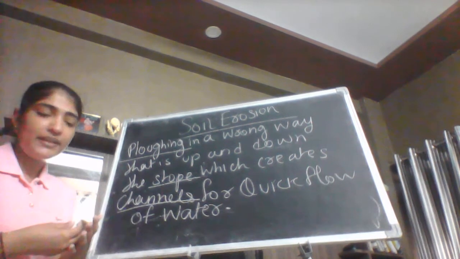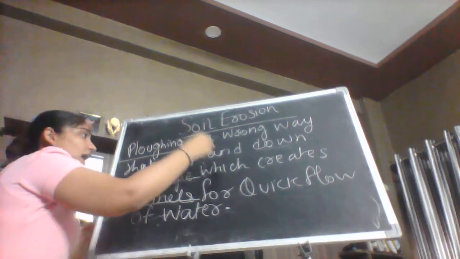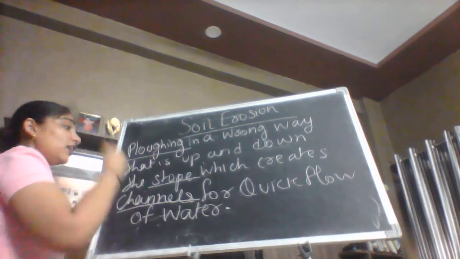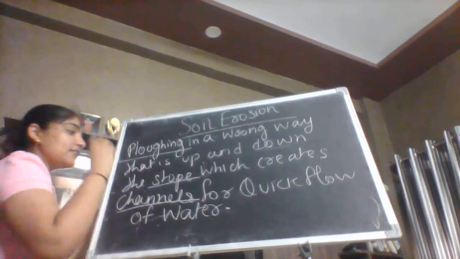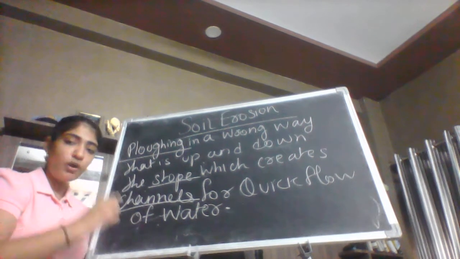You can modify the definition by writing this: plowing in a wrong way, that is up and down the slope, creates a landform for the quick flow of the water, leading to soil erosion.